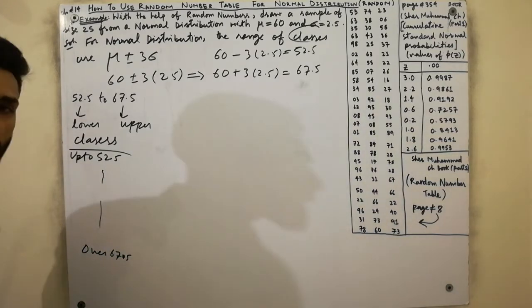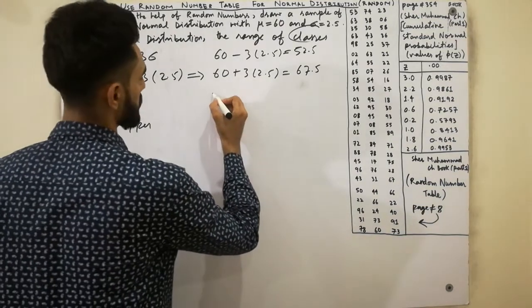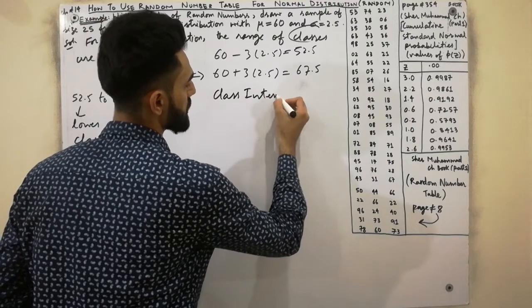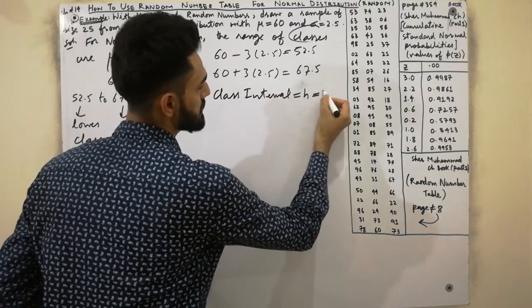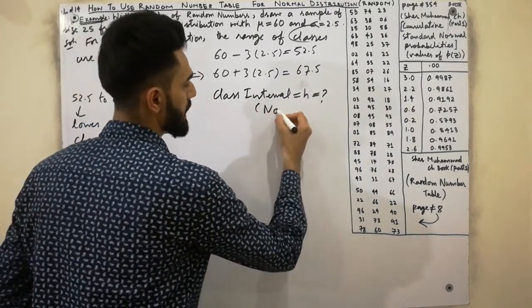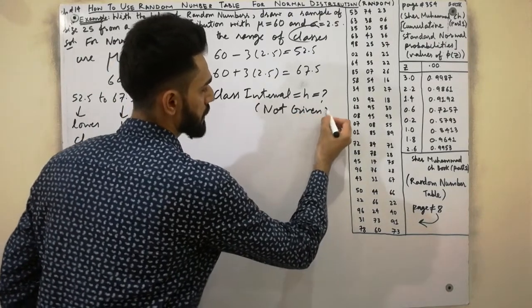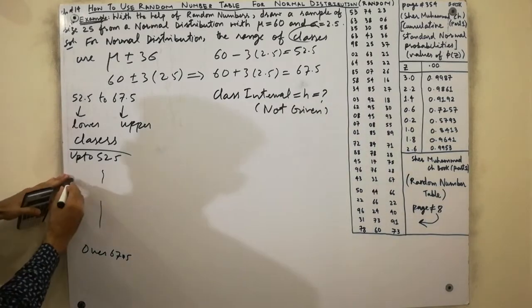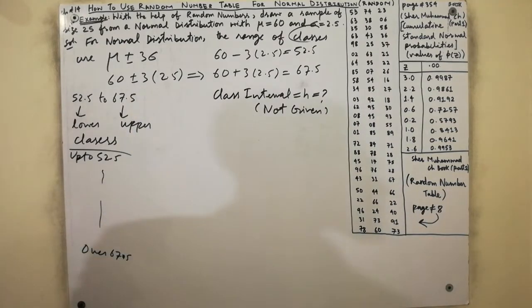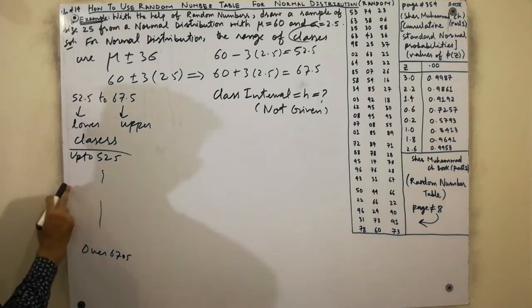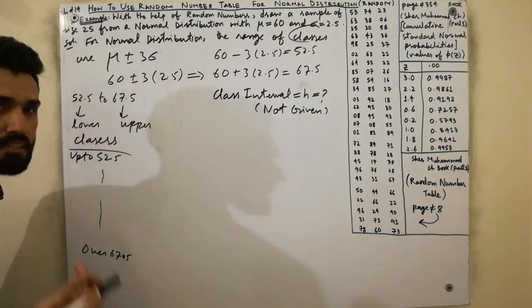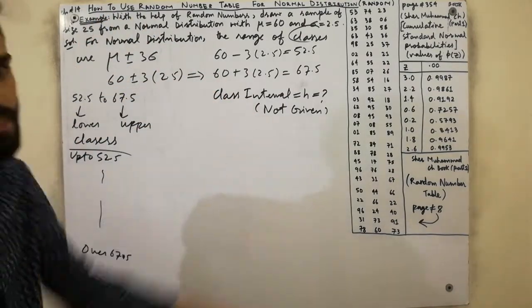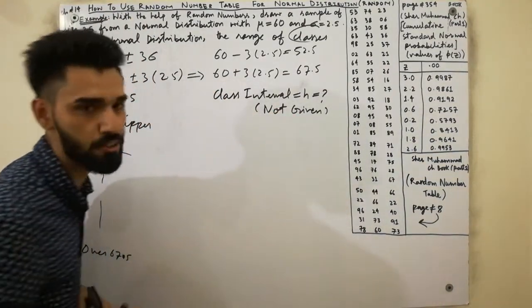But we have not cleared the class interval, which we denote by h. In this question, the class interval is not given. You know that in presentation of data, we make classes with a class interval. But here the class interval is not given, so we will have to calculate it.